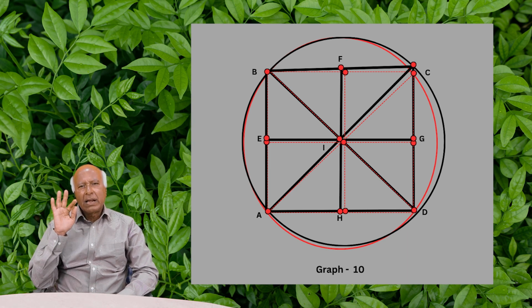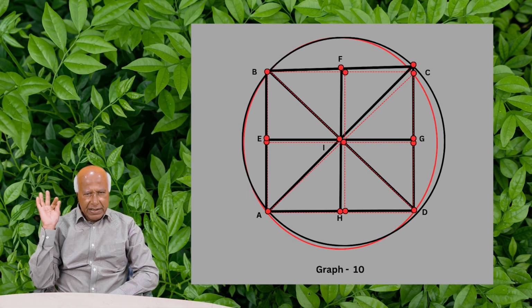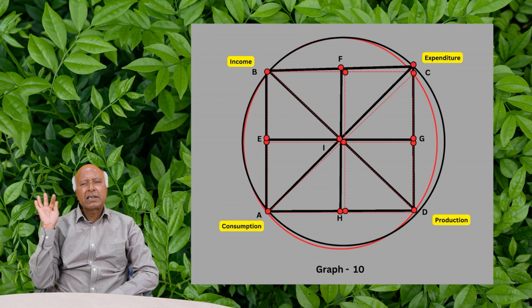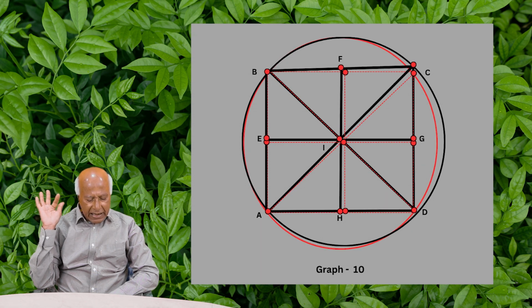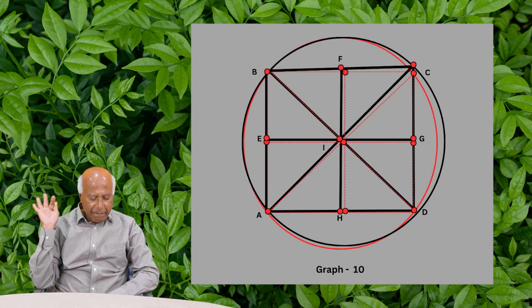Now I am in the graph, it is not the income, expenditure or production or consumption. I have given it a name. A represents consumption, B represents income, C represents expenditure, and D represents production. So in between there are midpoints.